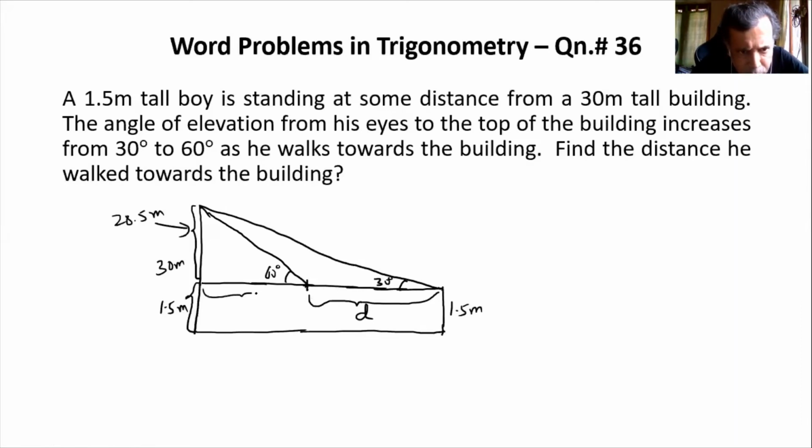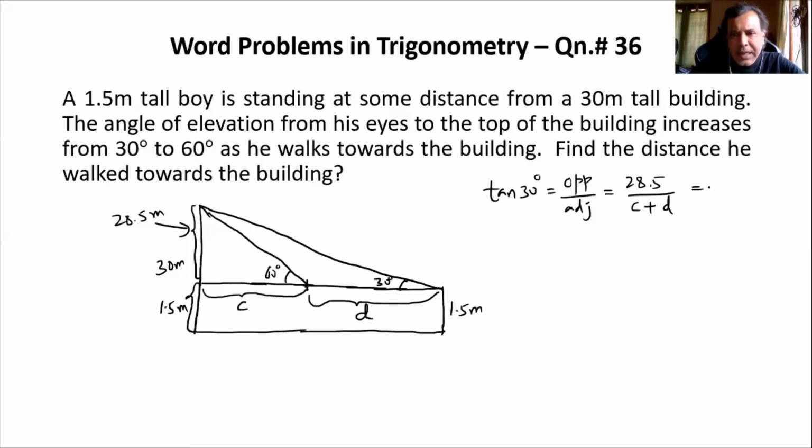Let us call it some C, because we consider this as D. So for this 30 degrees, you have the opposite, 28.5, and the adjacent, which is nothing but C plus D. Opposite divided by adjacent is tan. So tan 30 degrees is opposite by adjacent, 28.5 meters over the sum of C and D.